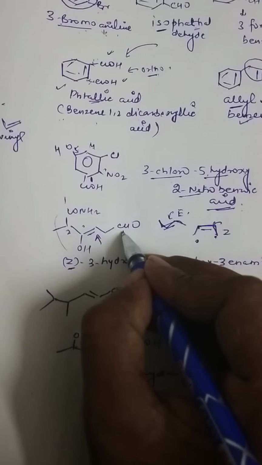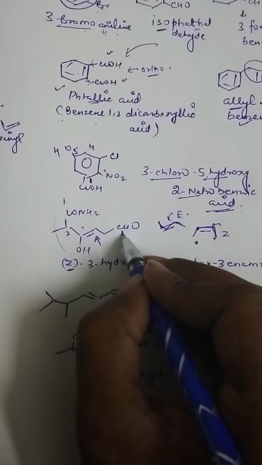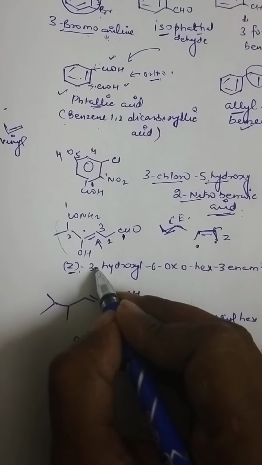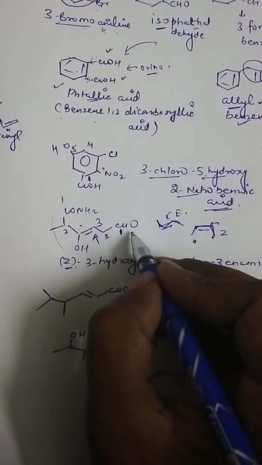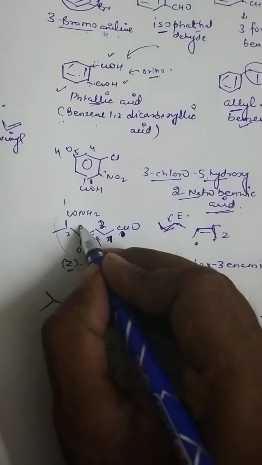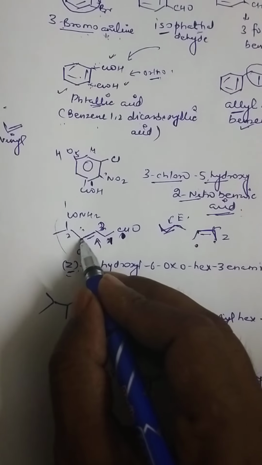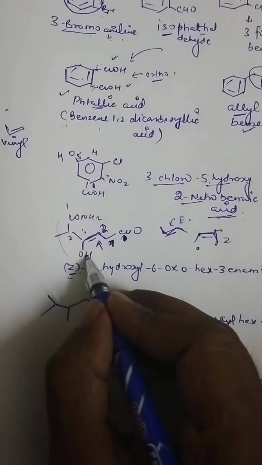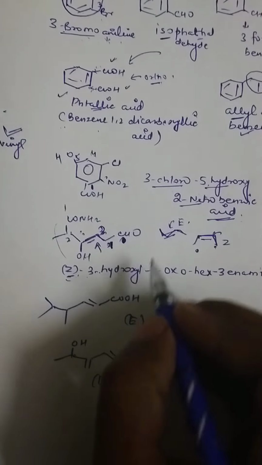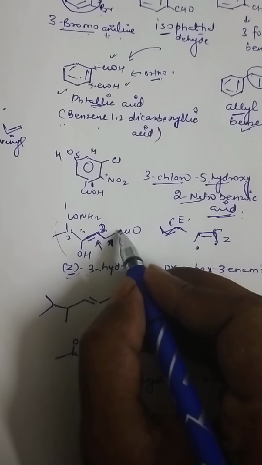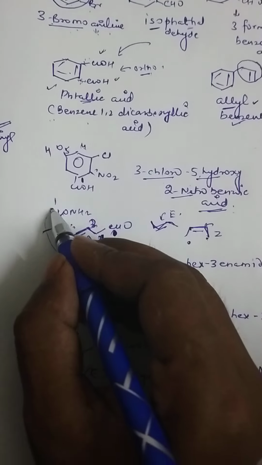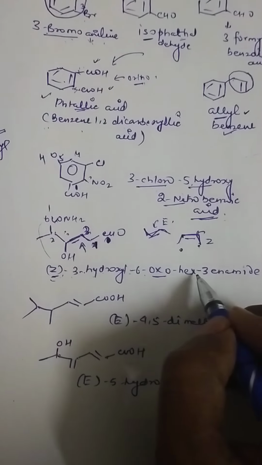Since naming of carbon should be given from this side, 1 2 3, so Z3. Actually in this one, it will not include here; 1 2 3, so Z, because the orientation is Z type. Z3 hydroxy, 1 2 3 4 5 6, 3 hydroxy 6 oxo, the 6 position containing oxo.